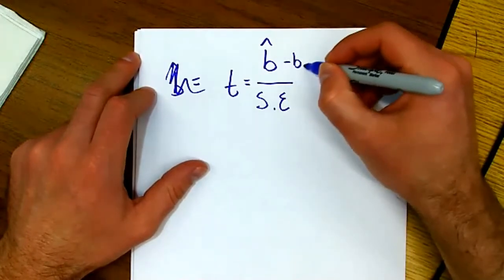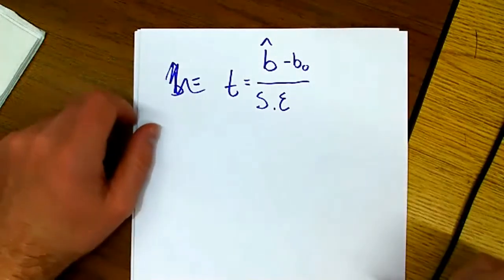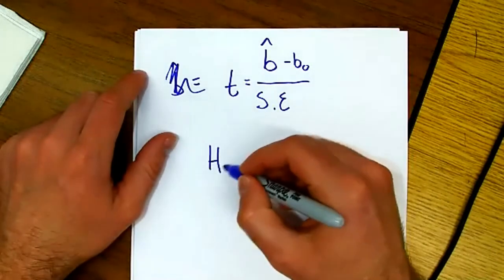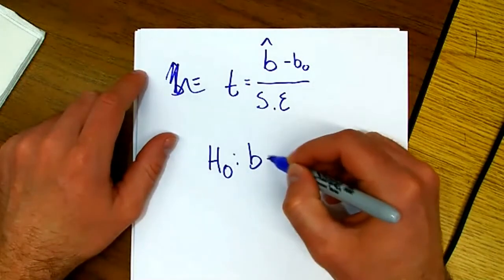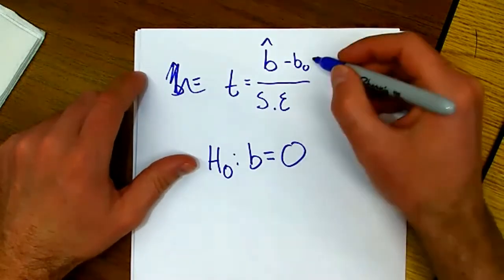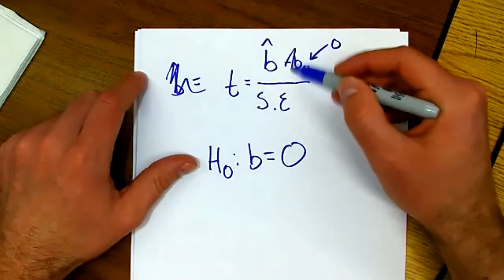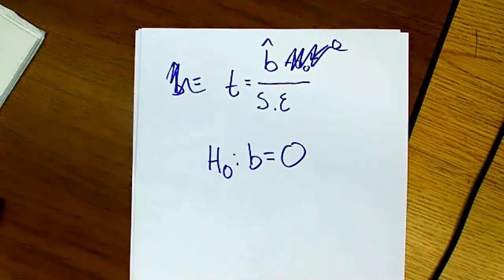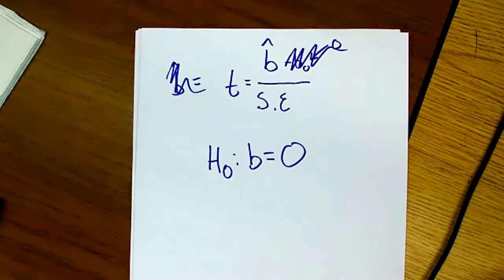Technically, we're subtracting that assumed true slope, but for every single slope coefficient, we're always assuming that it's equal to 0. So if this is 0, it doesn't change anything. So to get that test statistic for your slope coefficient, all you do is take that coefficient estimate and divide it by your standard error.